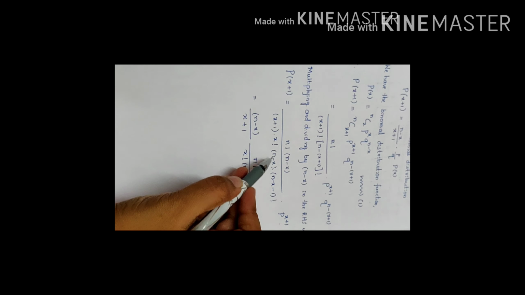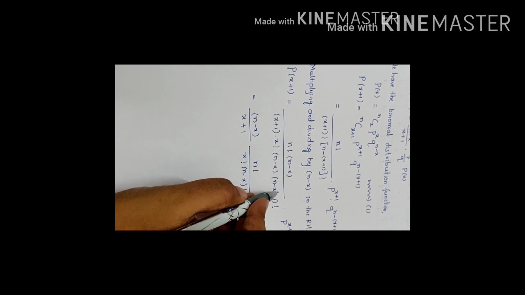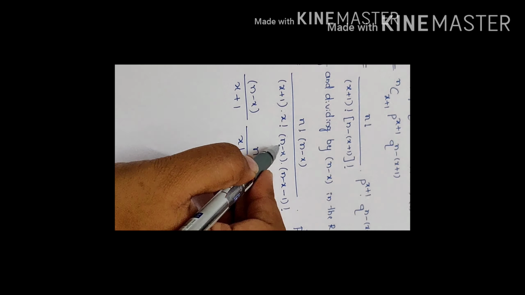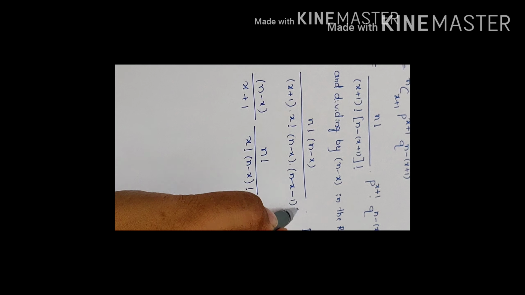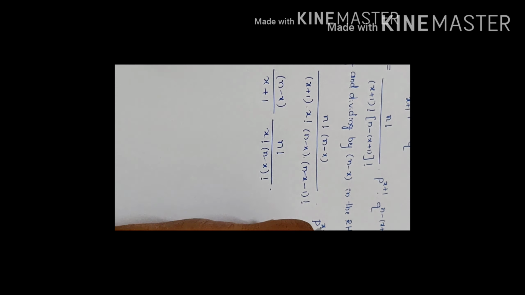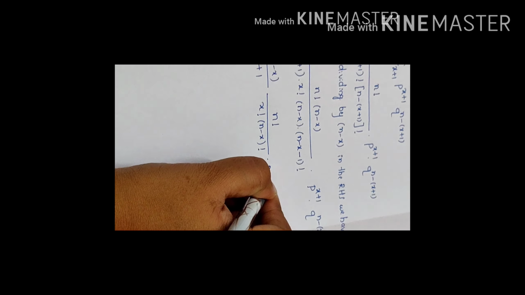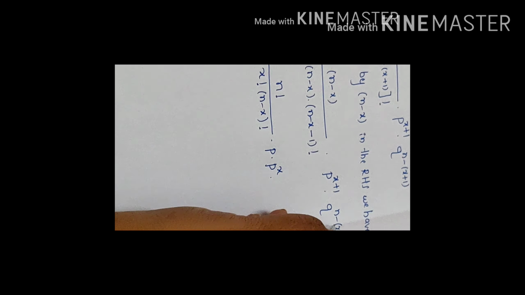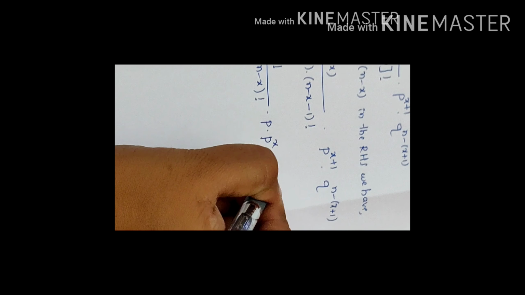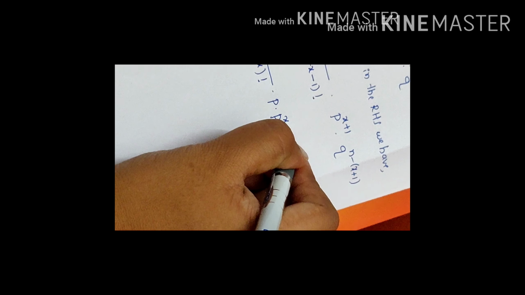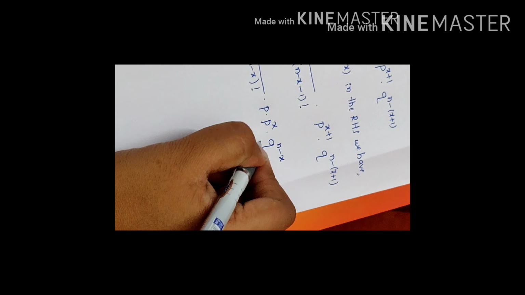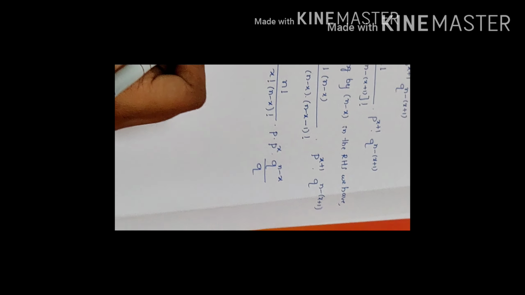In the above step we divided by n minus x, so n minus x into n minus x minus 1 factorial can be written as n minus x factorial. p raised to x plus 1 is written as p into p raised to x. q raised to n minus x minus 1 can be written as q raised to n minus x divided by q.